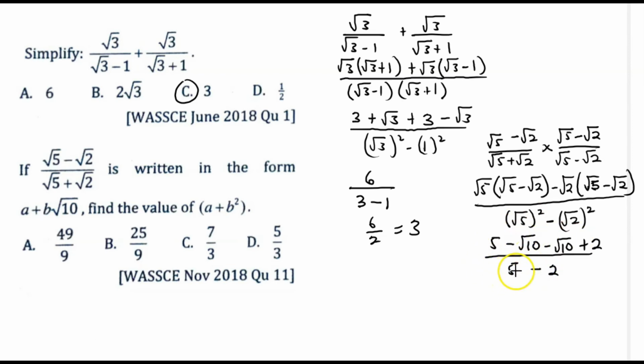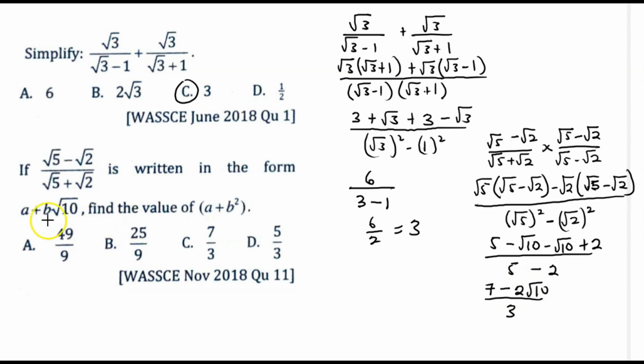Now there are some like terms at the numerator, which is giving us 5 plus 2, which is 7. Then minus root 10 minus root 10 will give us negative 2 root of 10, all divided by 5 minus 2, which is an answer of 3.